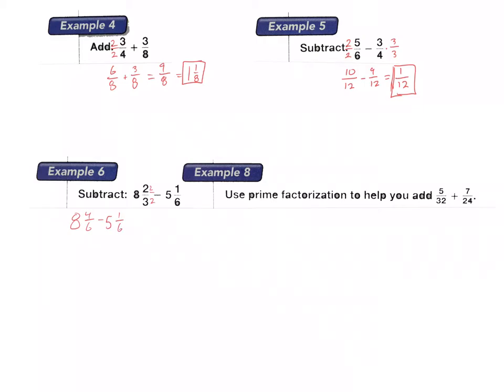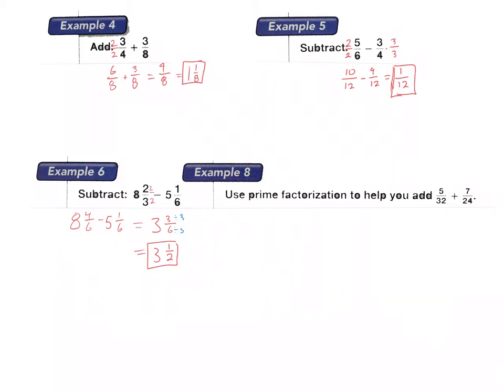So let's think, 8 minus 5 is going to give me 3. 4/6 minus 1/6 is going to give me 3/6. But of course I don't want to leave the 3/6 like that, because I can divide those both by 3. And this is going to give me 3 and 1/2.